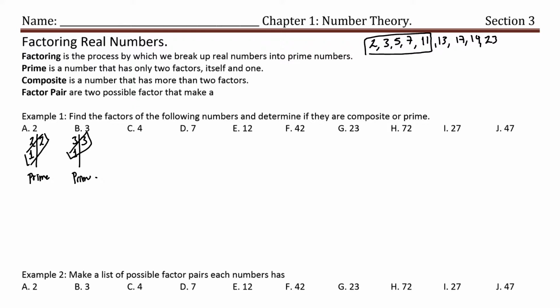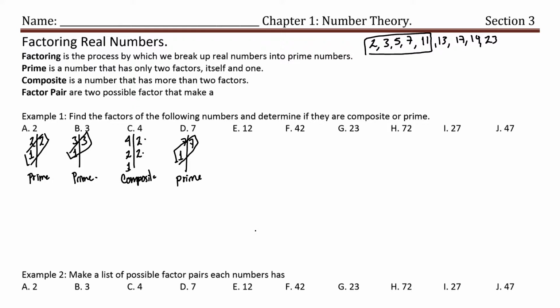Now the difference between a prime and a composite number is the number of factors. For 4, you notice that we start with 2, we divide, 4 divided by 2 is 2, divided by 2, you get 1. Now we have 1, 2, and 2 as factors, which makes this a composite number. 7, like we talked about before, can only be divided by 7 and 1, so it's prime.